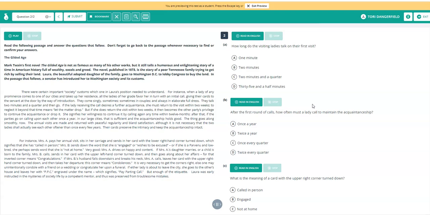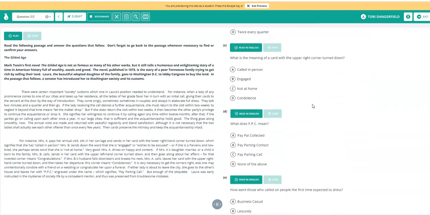C, once every quarter. D, twice every quarter. Question 2C. What is the meaning of a card with the upper right corner turned down? A, called in person. B, engaged. C, not at home. D, condolence.